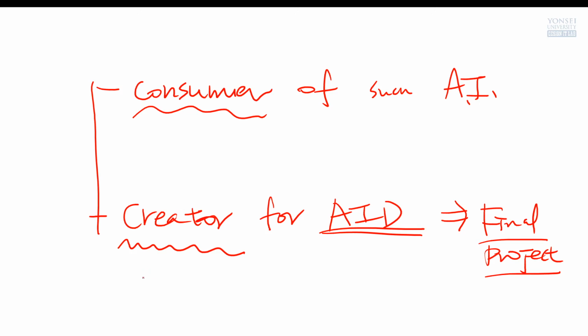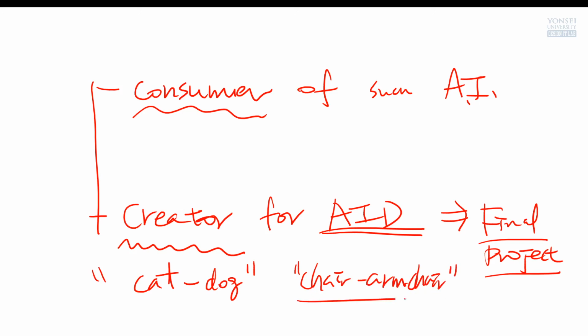For example, the cat and dog model, that's exactly what we have done at the beginning of these Google Colab based AID exercises. And we have walked through some chair, armchair cases.